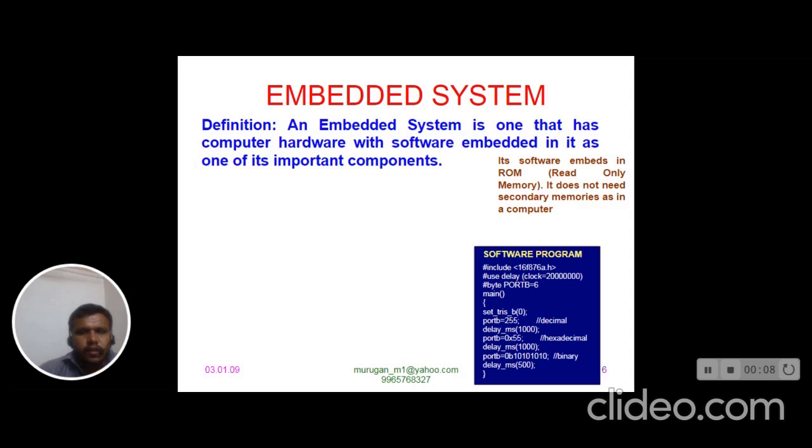That is the main criteria of the embedded system. In general, a software program decides which application the system will be used for, and the software can be embedded in read-only memory, and it does not need secondary memories as in a computer in general.